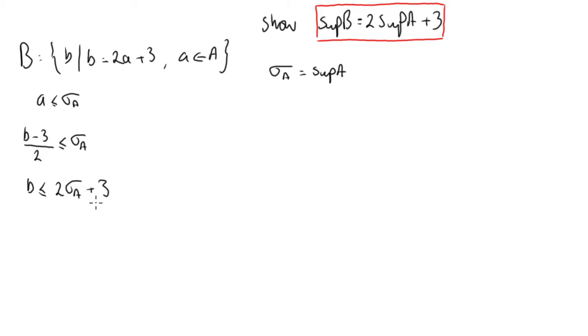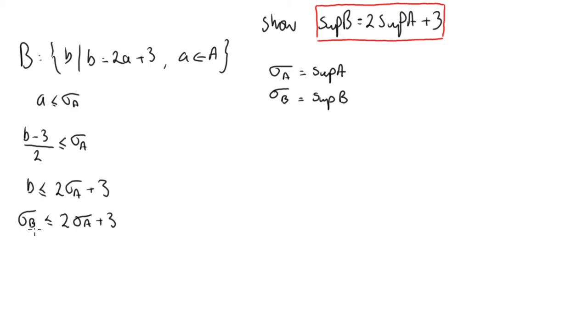So we've shown that B is bounded above, and hence we can say that the supremum of B exists, and we'll denote it here: epsilon B is equal to the supremum of B. Now we can simply say that the supremum of B is smaller than or equal to twice the supremum of A plus 3, because every element in B is smaller than or equal to this.